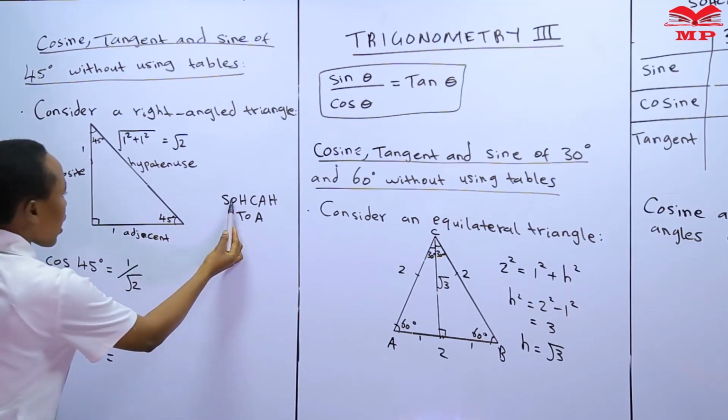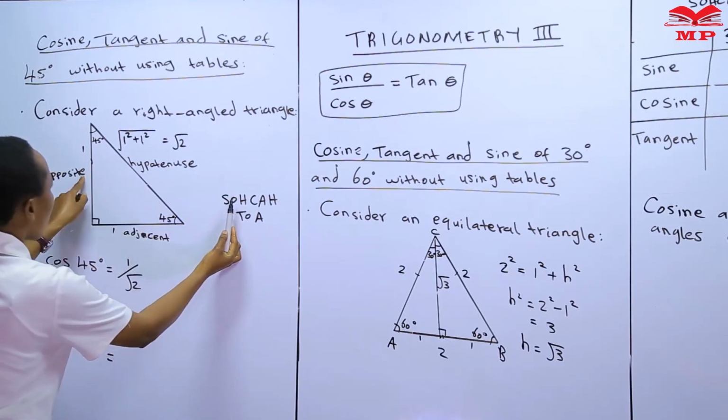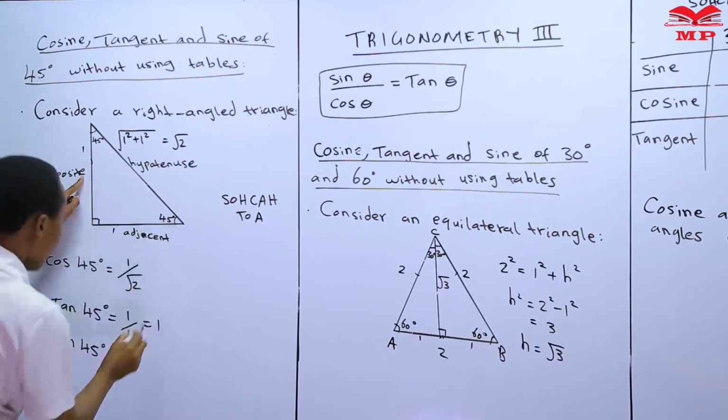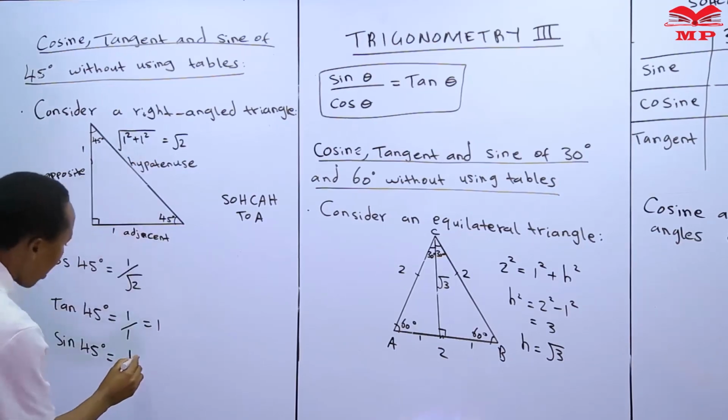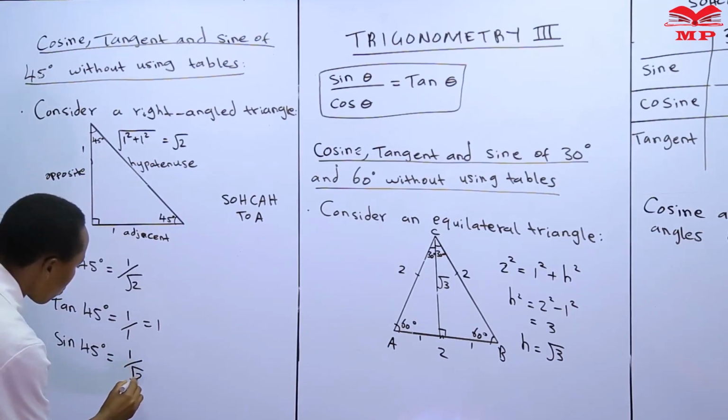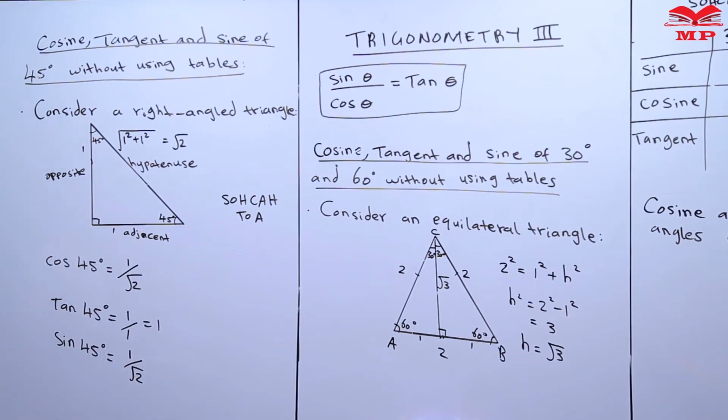Sine is opposite all over the hypotenuse, so we have 1 all over root 2. You can clearly see that cos 45 and sine 45 are equal, because these are two complementary angles, and we have said that the cosine and the sine of two complementary angles are equal.